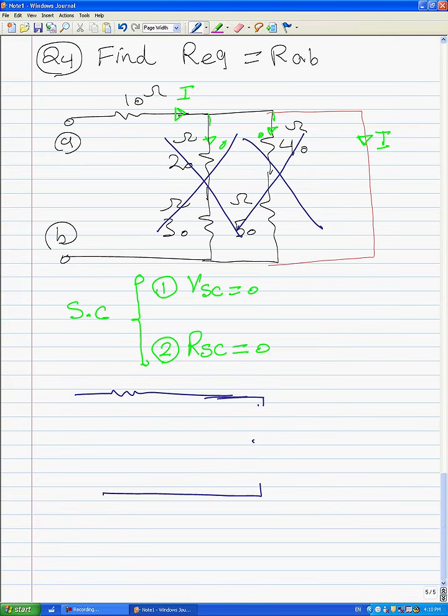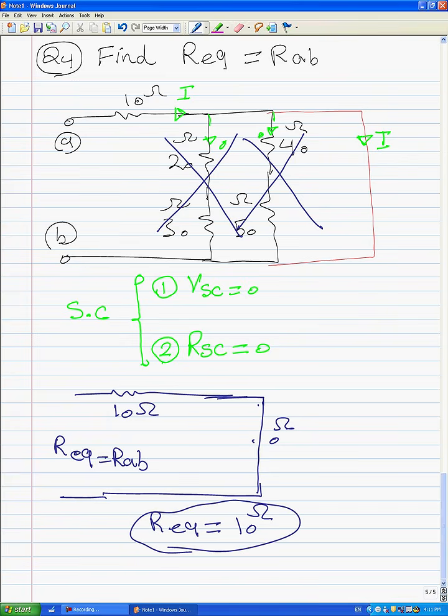And finally, we can find the equivalent resistance. Here we have 10 ohms, here we have 0 ohms, and here we have R equivalent, which is equal to RAB. That's why R equivalent is equal to 10 ohms.